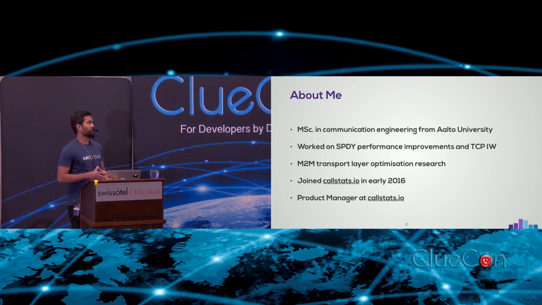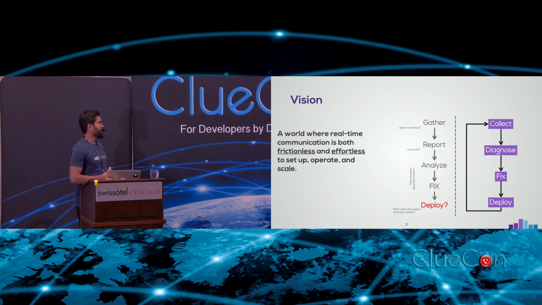Later I took up my PhD at the University of Helsinki. I'm a lifetime student, I think, because I didn't really complete it. But my main focus was on transport layer optimization in machine-to-machine communication. In early 2016, I decided to join CallStats.io as a technical account manager, and today I'm working there as a product manager. So enough about me, let's jump in.